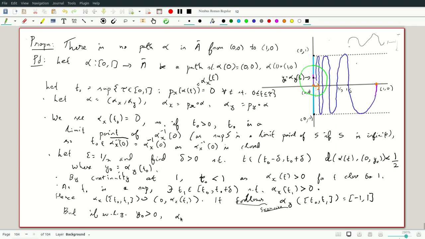Alpha y of t equals minus 1 implies that the distance between alpha of t and this point 0, y0 is greater than 1. So a contradiction.